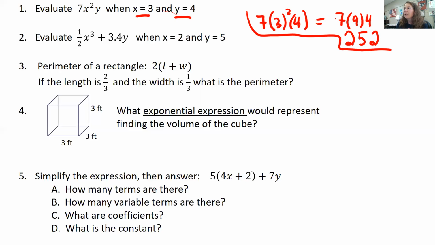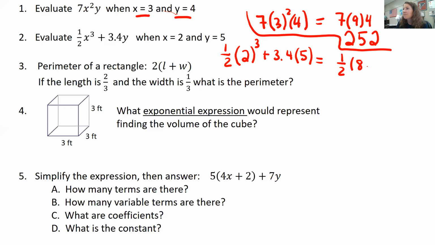We're going to evaluate. We're going to substitute. We're going to have 1/2 times x to the 3rd power. So x is 2. So 2 cubed plus 3.4 times y, and y is 5. All right, I'm going to do my exponents first. Well, I just have one exponent, so I'm going to do 1/2 times, well, what is 2 times 2 times 2?